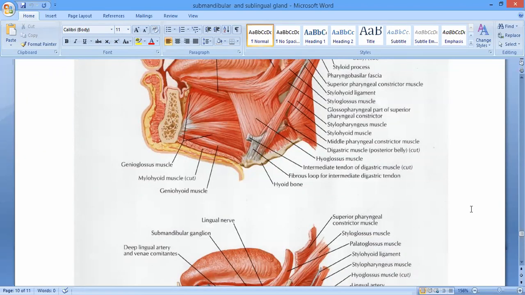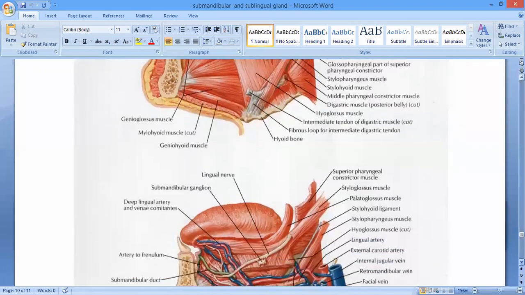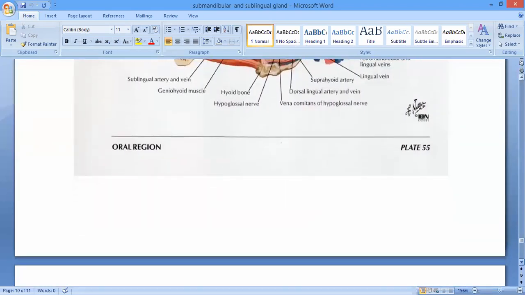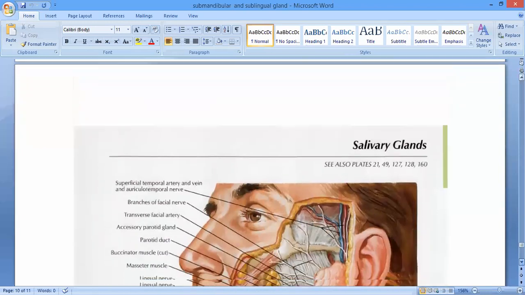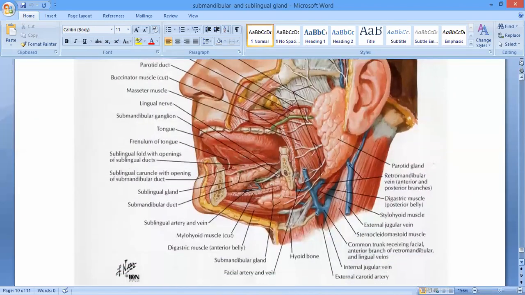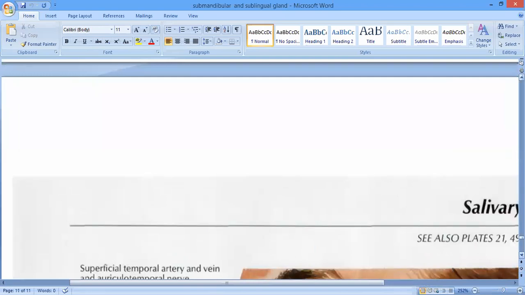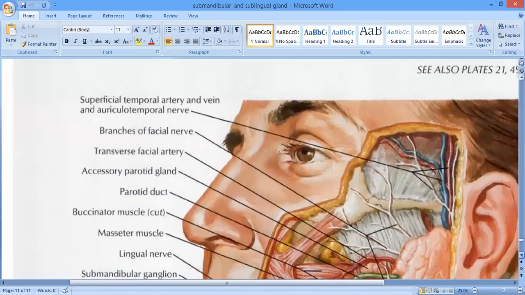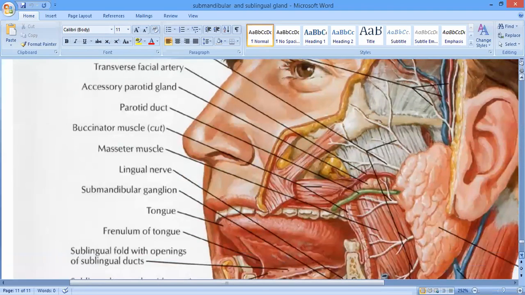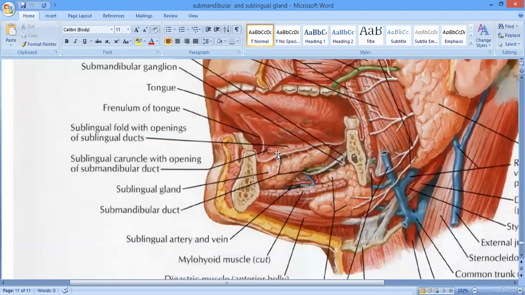Okay. Now here you can see this gland. Now this gland, it is going to give about 10 to 15 ducts, right?